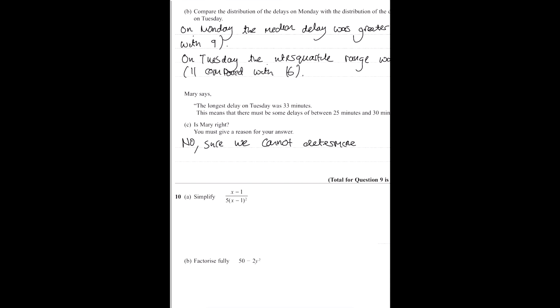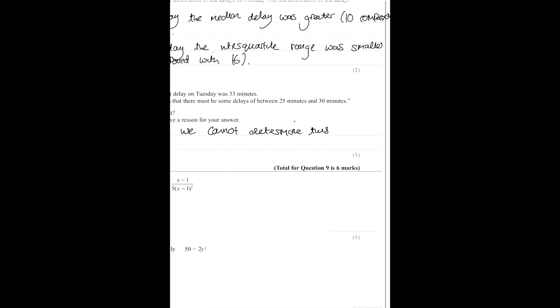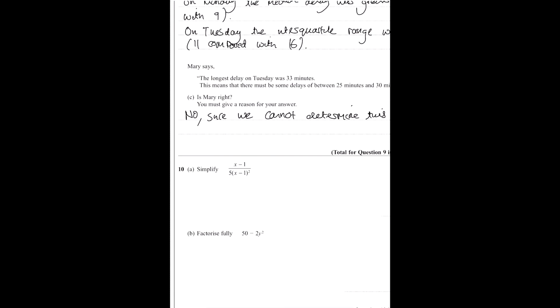We cannot determine this just from the box plot.